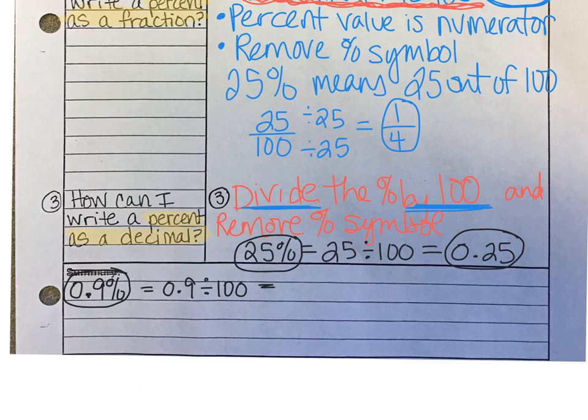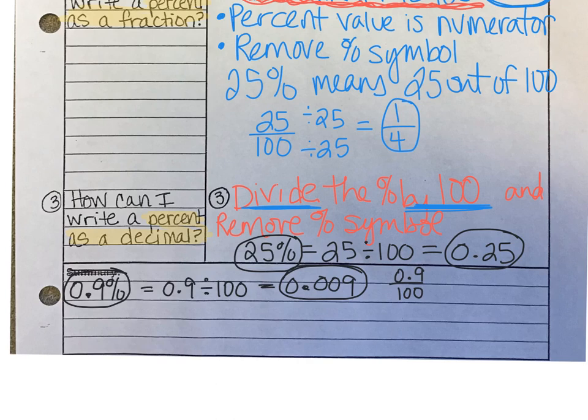9/10%, or 0.9%, is the same as 9/10 divided by 100. And when you do that division, you actually get the decimal 9 thousandths, which is the 9/10% in decimal form. Now, if you go back to the percent, 9/10%, and try to write that in its fraction form, it looks a little different because your numerator has a decimal in it, and it really shouldn't.